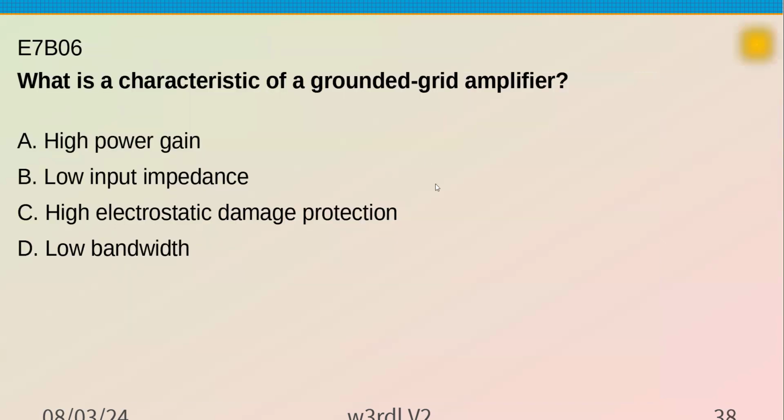What's the characteristic of a grounded grid amplifier?